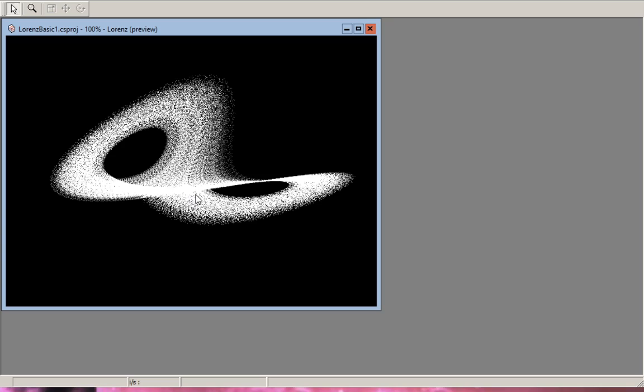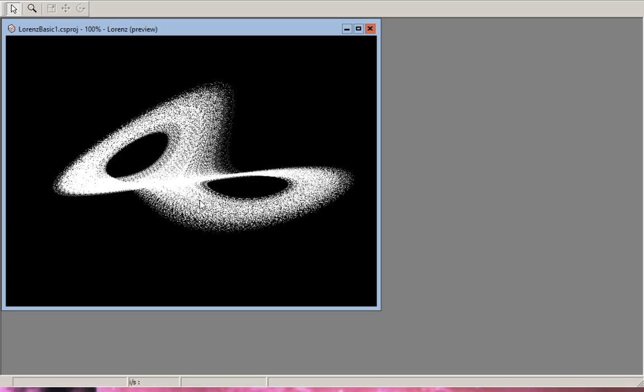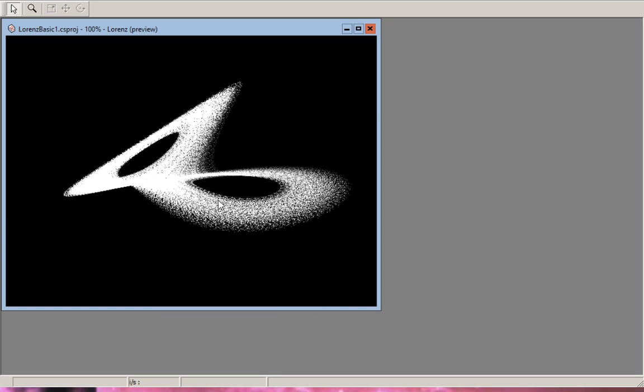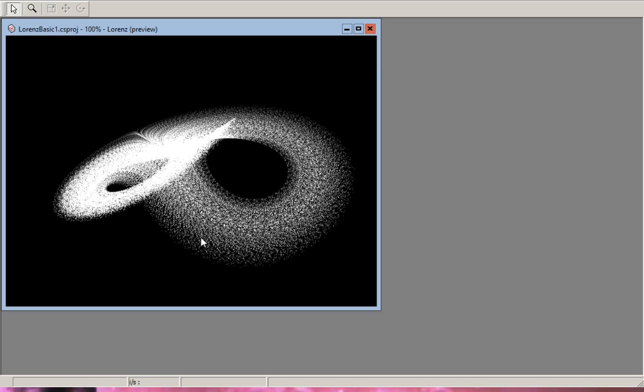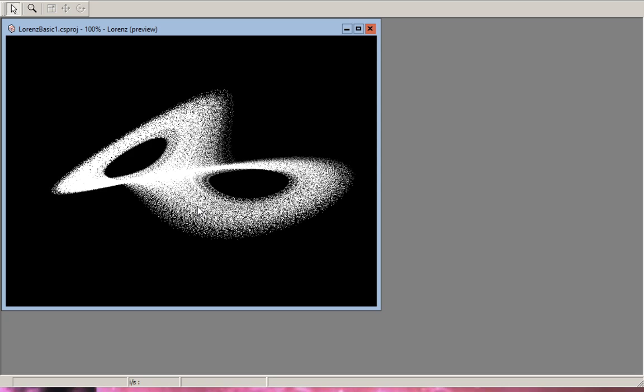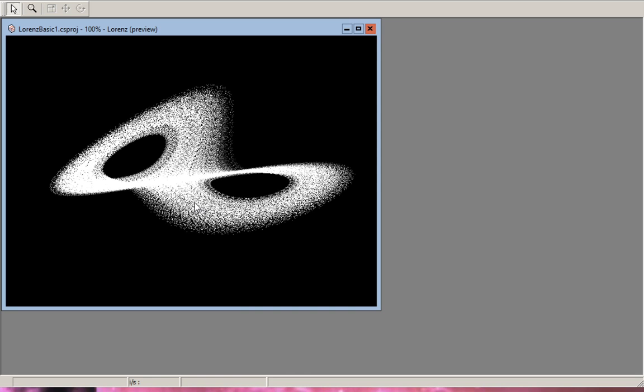Now, if you look at the screen, this is a 3-dimensional object projected on a 2-dimensional screen.